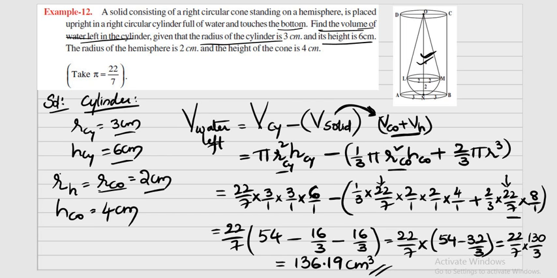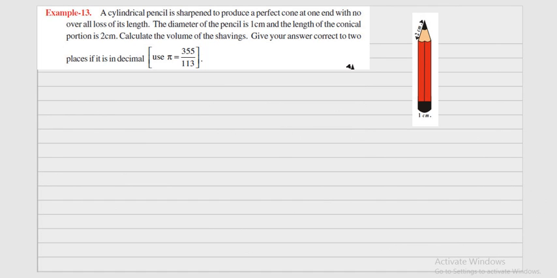Next, going to one more problem. So what is that? A cylindrical pencil is sharpened to produce a perfect cone at one end with no overall loss of its length. So already we know how we sharpen the pencil: we keep the pencil inside the sharpener and turn it so that we get the tip of the pencil.